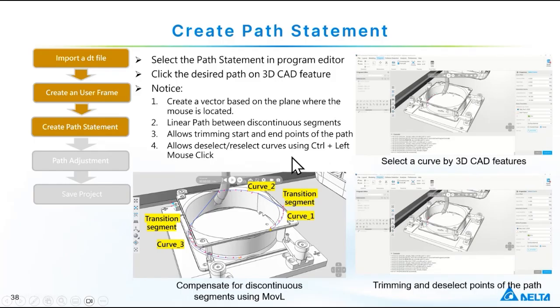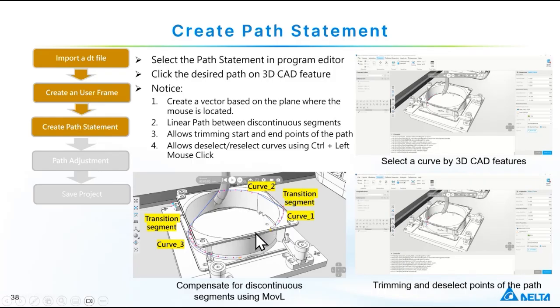This is the step of how we create the path statement. First, we choose the product we want. For example, for this speaker, I can choose this speaker's user frame.